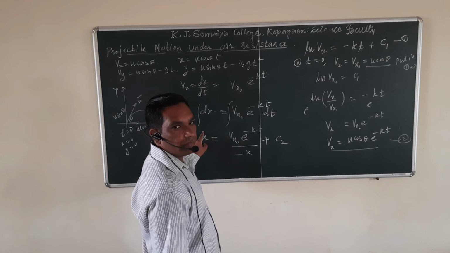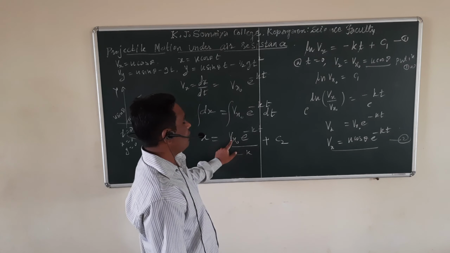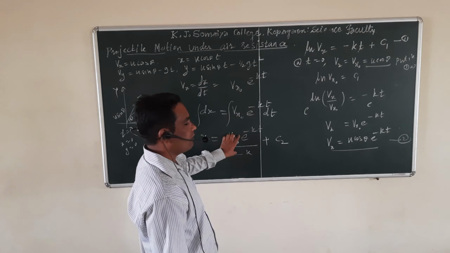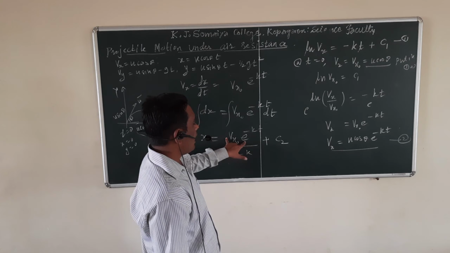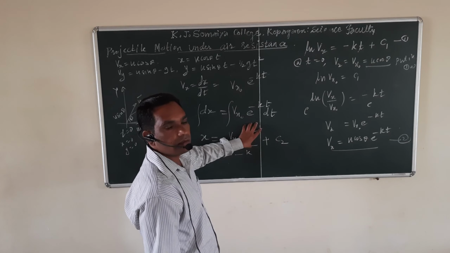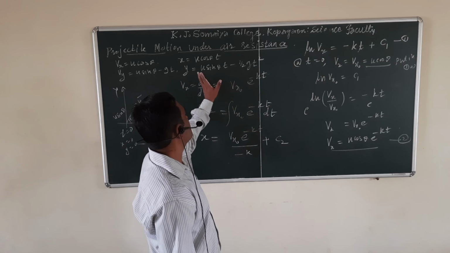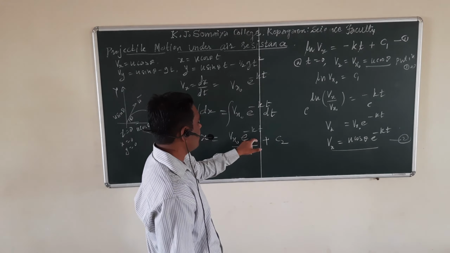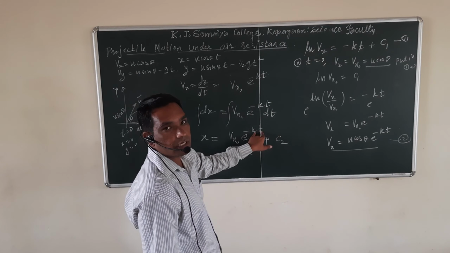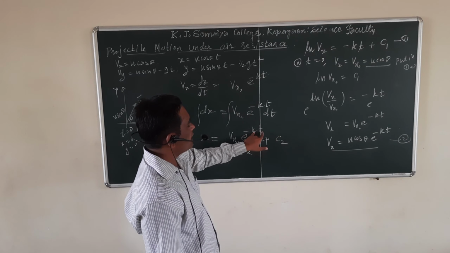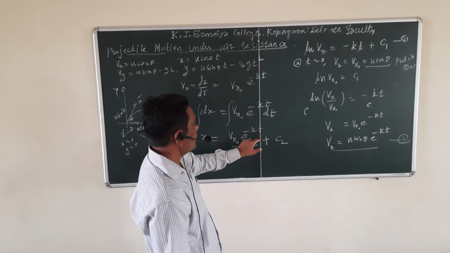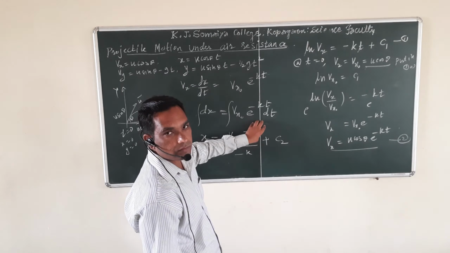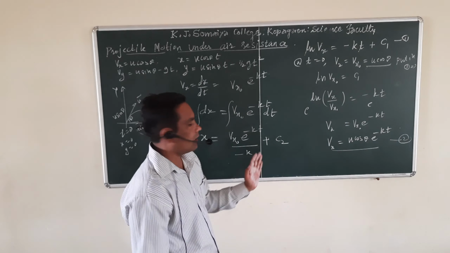X is position, which is in meters. Vx0 is meter per second, so this per second goes out and here meter remains. The dimension of e raised to minus kt is dimensionless. When we take ln of this factor, it becomes dimensionless. Likewise, when we take e raised to this factor, it becomes dimensionless. Again, k is per second, t is second, so e raised to any term is always dimensionless. Keep this in mind always.